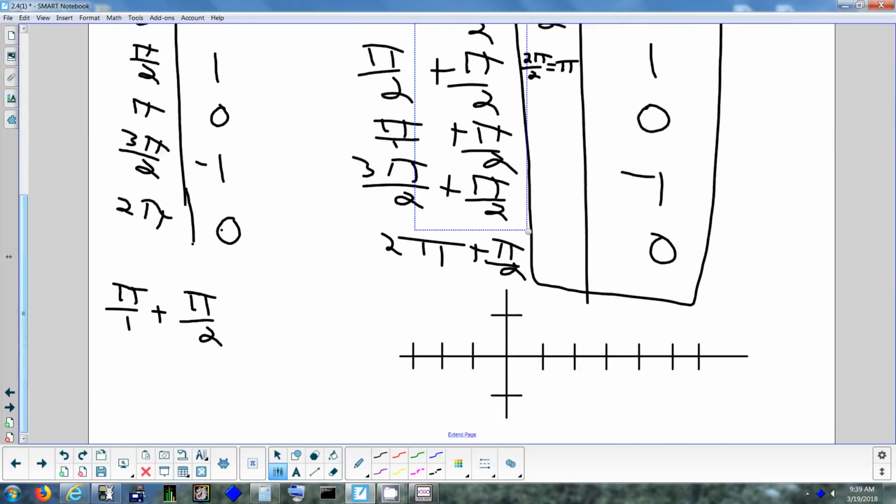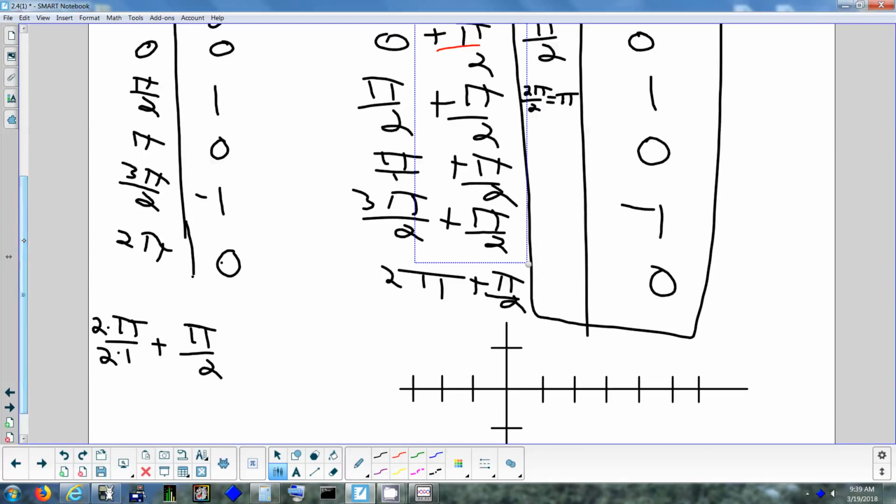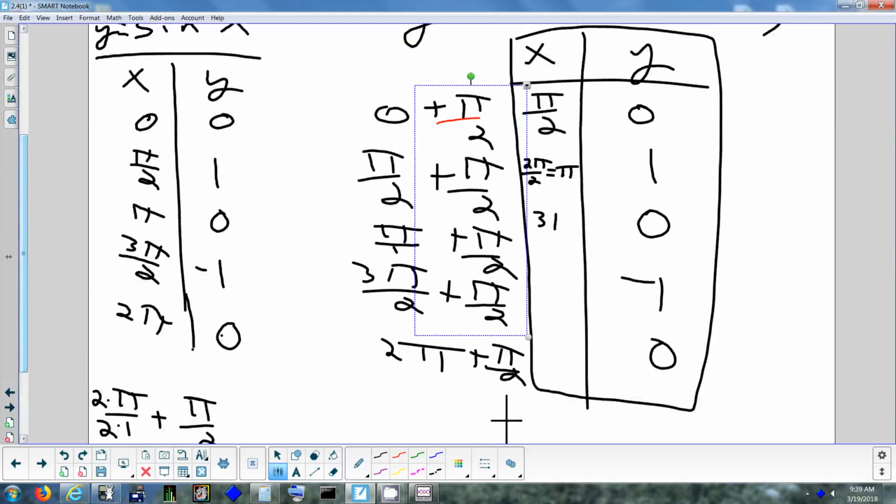Okay, the one on the right already has it. The one on the left, I need to double the bottom, double the top. So now I have 2 pi over 2 plus 1 pi over 2. Alan, what's 2 pi over 2 plus 1 pi over 2? 3 pi over 2? Yep, 3 pi over 2. So there's my next coordinate, 3 pi over 2 comma 0.